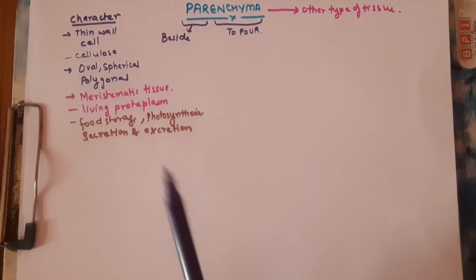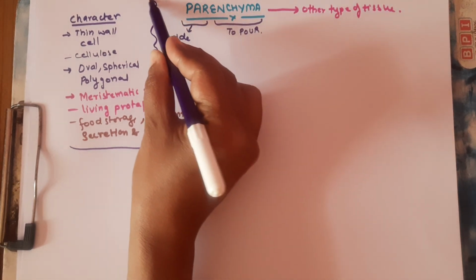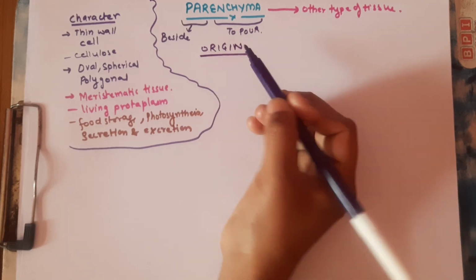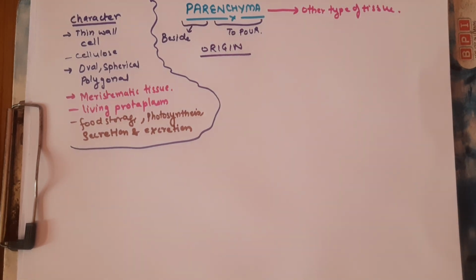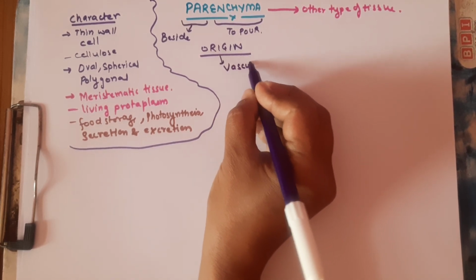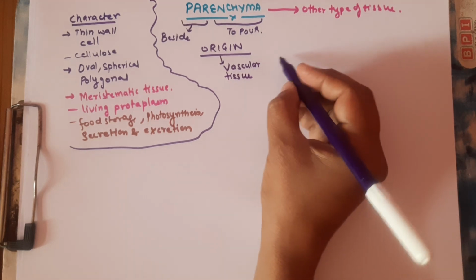This is the general characteristic we have just learned. Now if we talk about the origin of parenchymatic cells, in vascular tissue they appear from the procambium.